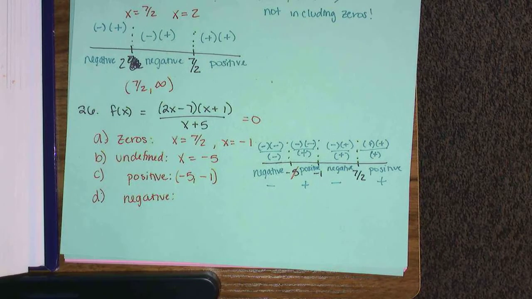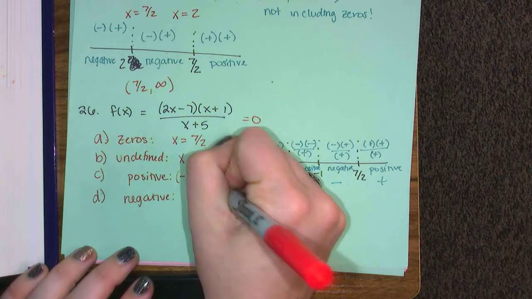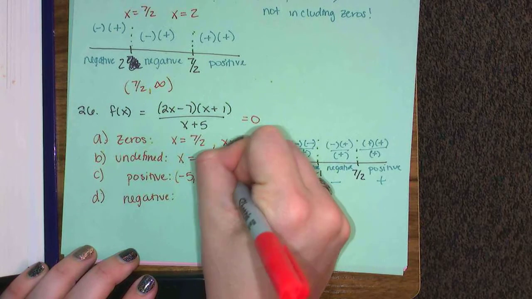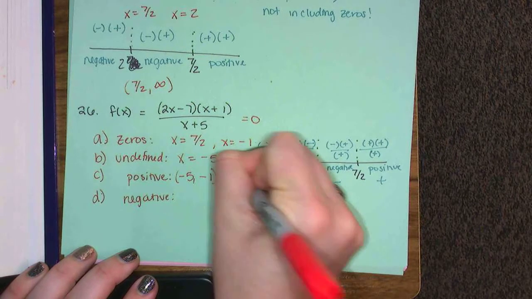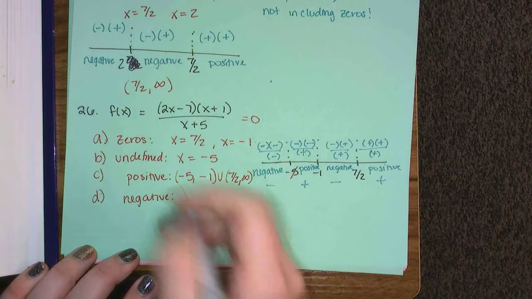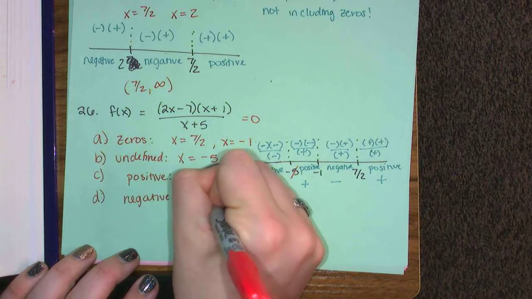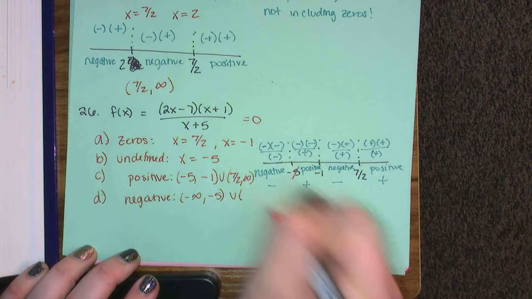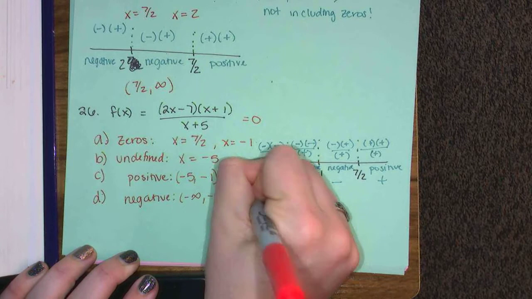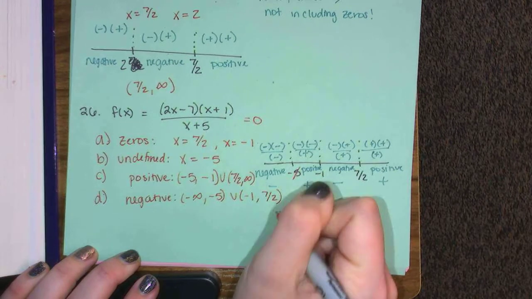We do not include the zeros on these ones. And then also positive from 7/2 to infinity. And then negative from negative infinity to negative 5, and from negative 1 to 7/2.